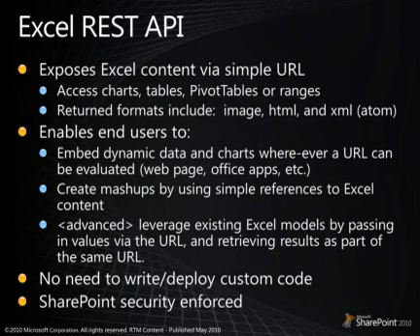The new Excel REST APIs make it possible for users to access Excel objects directly from a single HTTP call. This means that users can embed a simple reference to their Excel REST API directly in their HTML with no need to write, compile and deploy custom code.